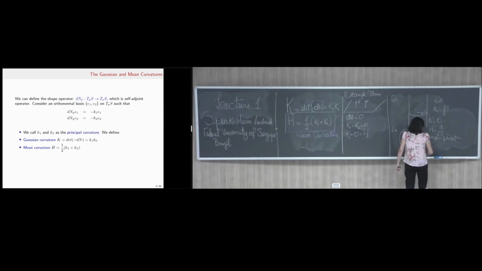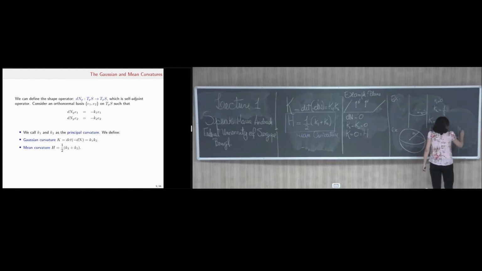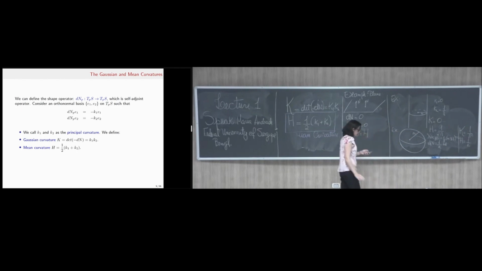So this operator is given by the identity. And in this case, the Gaussian curvature is given by this expression, and the mean curvature is given by this expression. So here you have some simple examples, okay?